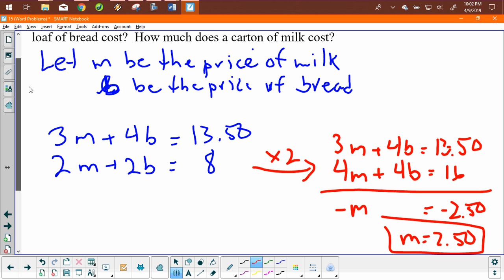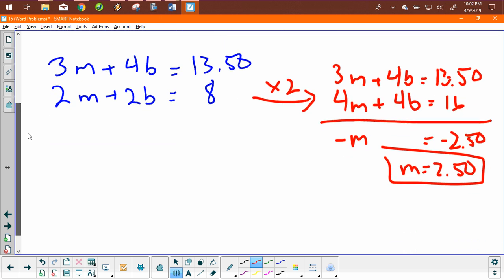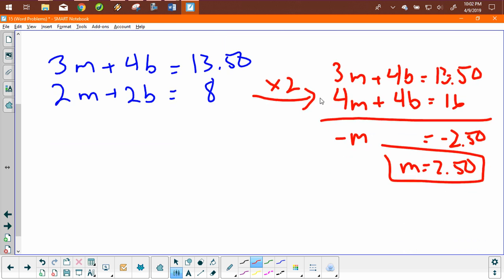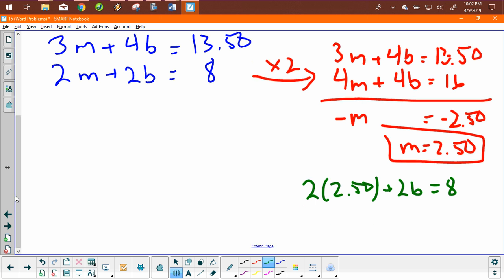Okay, let's go back to one of my original equations. So I have 2 milks and 2 breads is $8. Right, so 2 times 2.50 plus 2 times the bread is equal to 8. So $5 plus 2 breads is equal to 8.